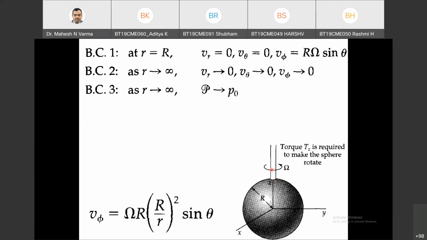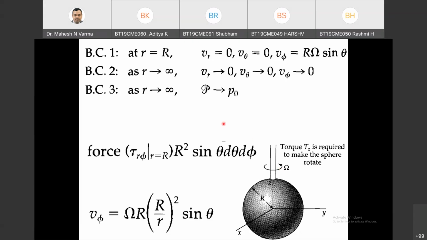Torque exerted by flowing fluid on a spherical surface. First of all, I need to calculate a drag force. For drag force, I need to calculate a shear stress. Shear stress exerted by flowing fluid on a surface multiplied by surface area will give me a drag force, multiplied by moment arm will give me a torque.